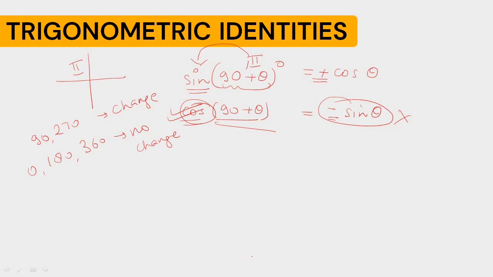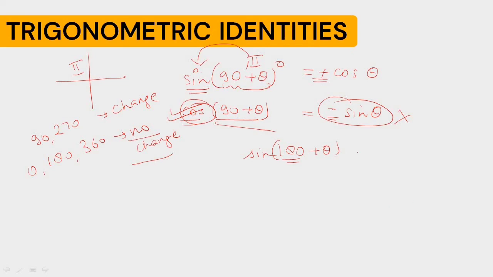So suppose we take an example here. Suppose we are writing sine 180 degree plus theta. What are we writing? Sine 180 plus theta. So what is here, 180? 180 means no change. It will come again sine theta.